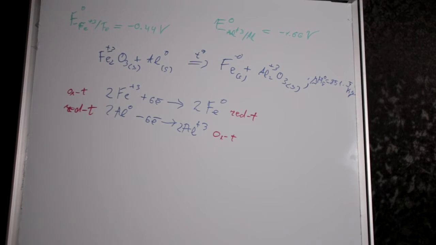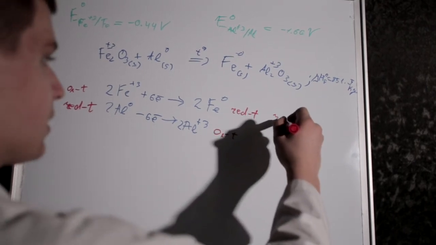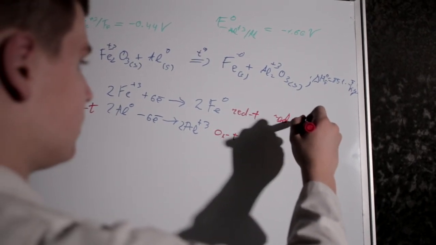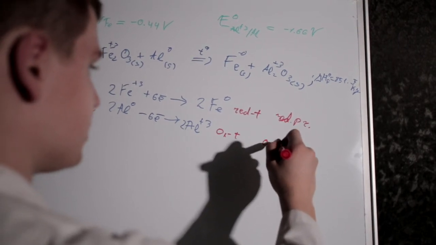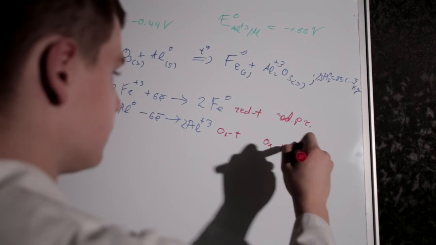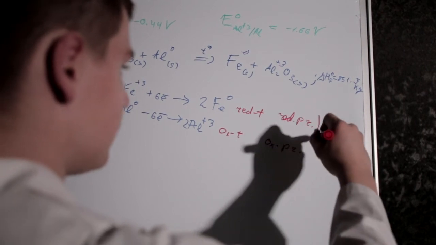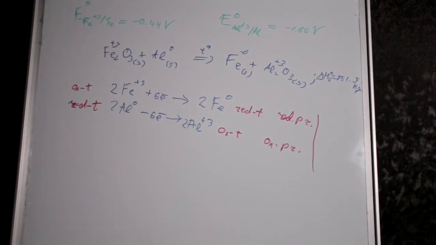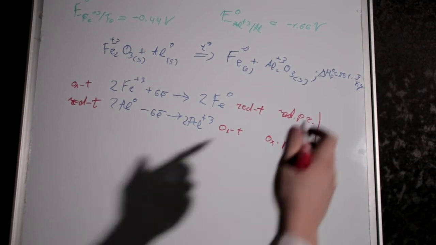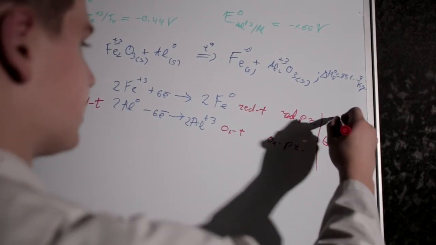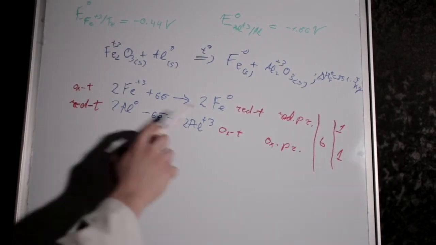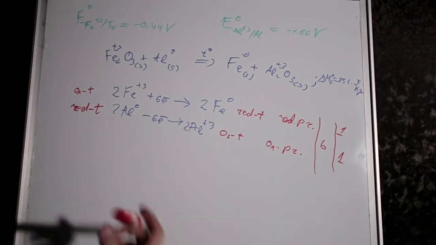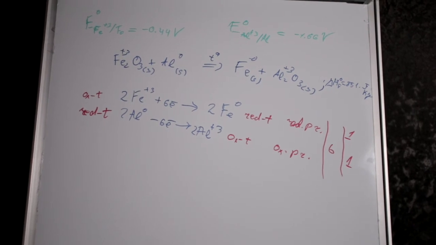Okay, so then it's called a reduction process and an oxidation process. The lowest common multiple is 6. So 6 divided by 6 is 1, and 6 divided by 6 is 1. So we should just see those, and the equation should be balanced.